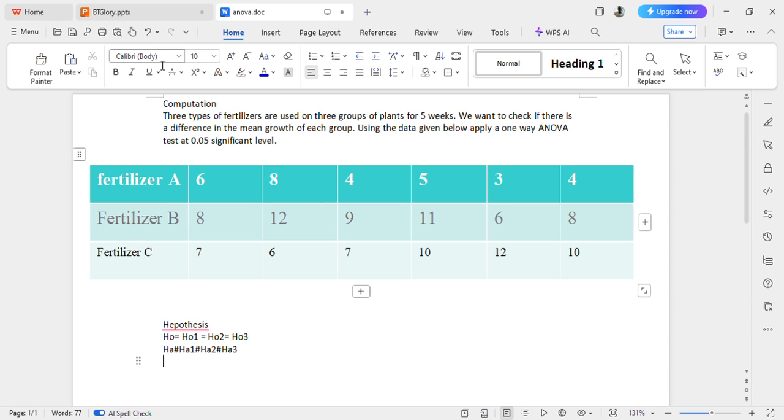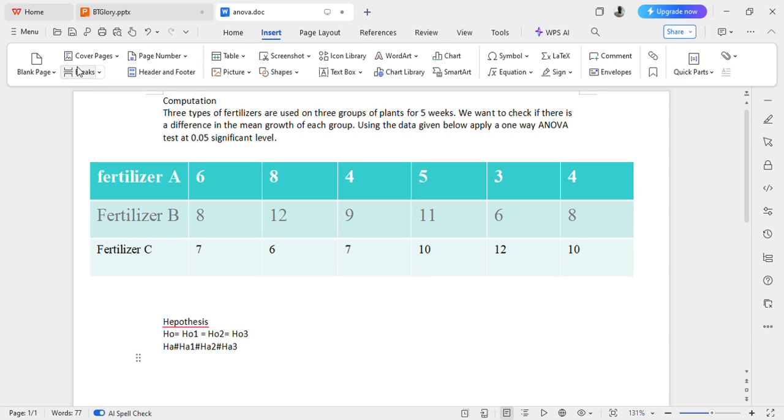Can we get the mean for all these 3 groups? So what we do, let me create the table. There are how many? 3.